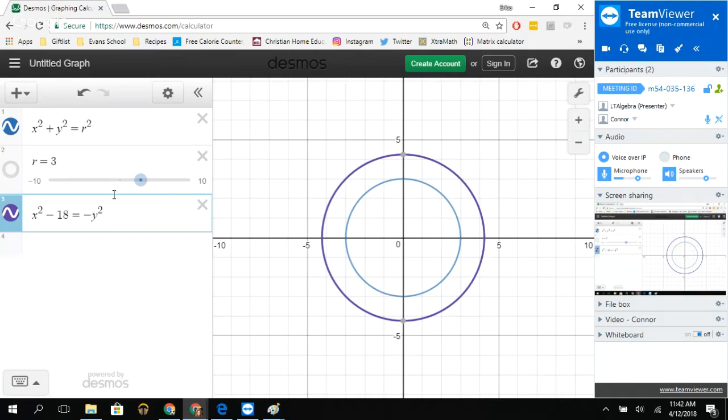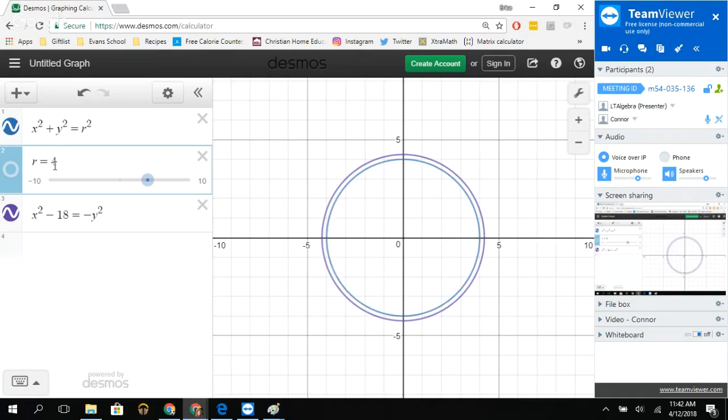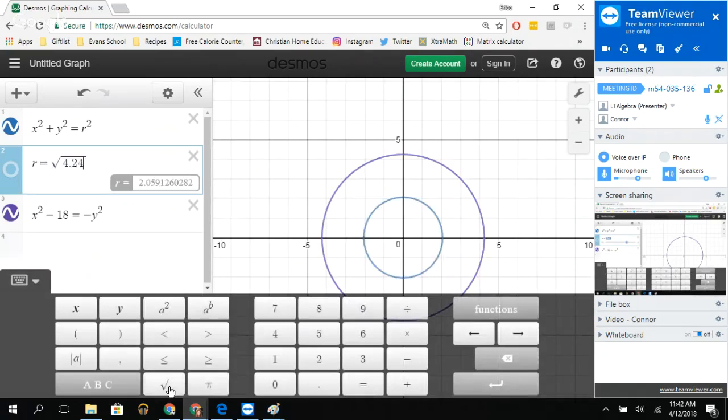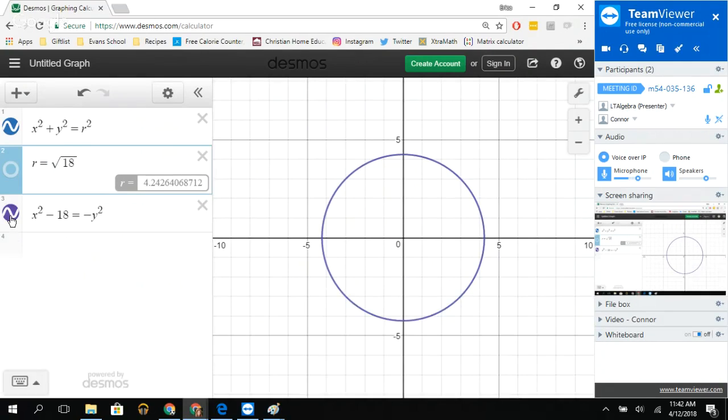There we go. All right, and so I said my radius is about 4.24, which is pretty close. Or I said it's equal to the square root of 18. So now you can see that the graphs are right on top of each other.